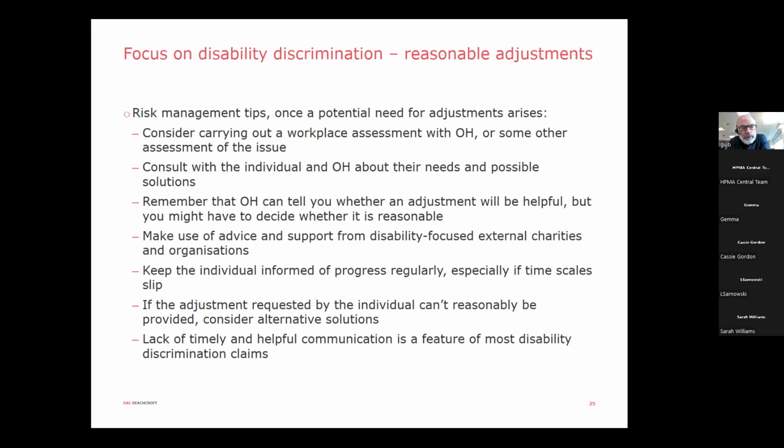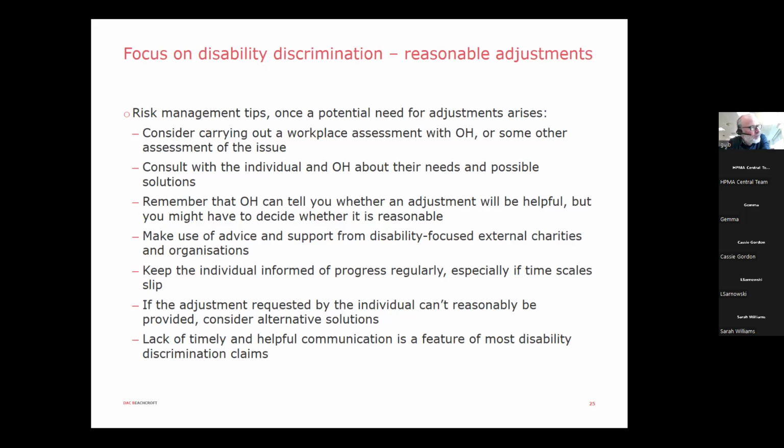Depending on what kind of issue they have, it can be really helpful and a powerful way of demonstrating that you're taking the issue seriously to conduct a workplace assessment with them. Very much depends on what the disability is and what their difficulties are. But carrying out a workplace assessment with occupational health so that, first of all, you are seen as the employer to be taking the issue seriously and consulting the individual carefully about the issue, and involving OH so that OH is properly informed about the issue as well at an early stage. That's a really powerful way of starting out to manage these issues.